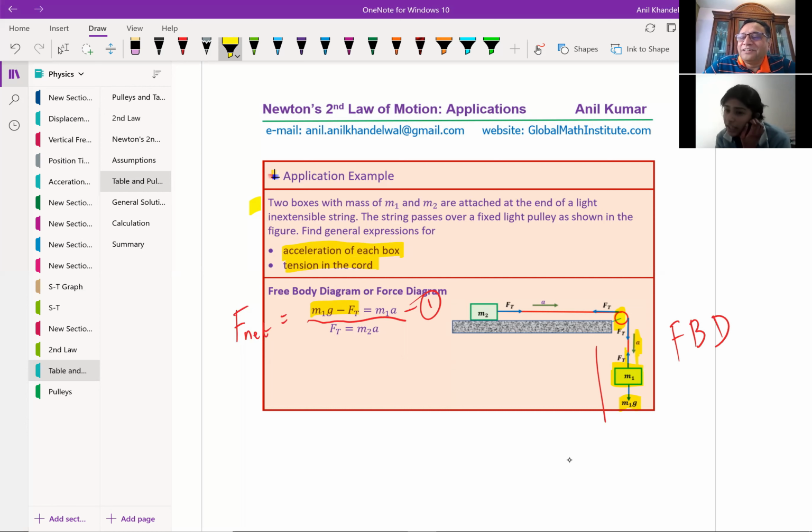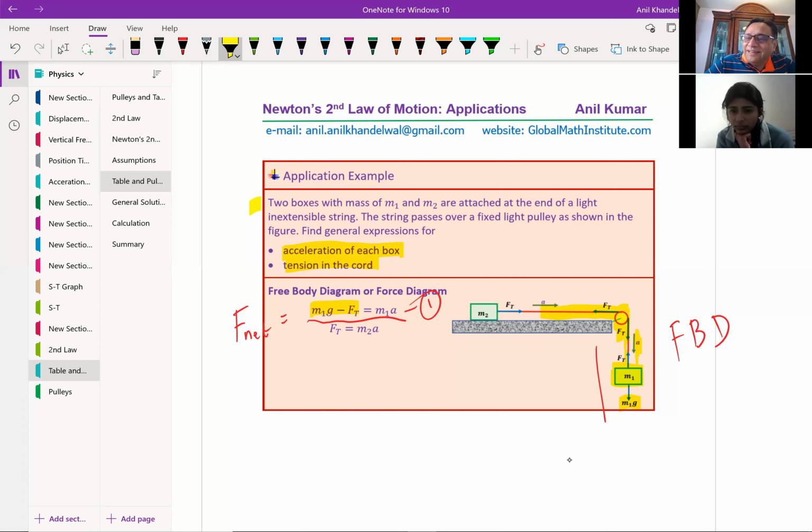We have seen that this string is inextensible, right? And this string will have a tension force, which is Ft, in the opposite direction. Because of the pulley, it will be transmitted to the other end of the string.